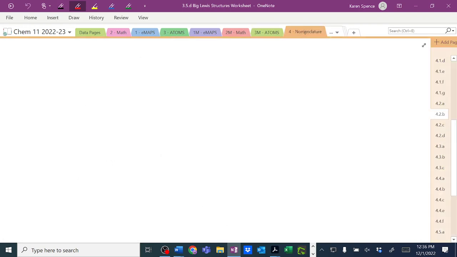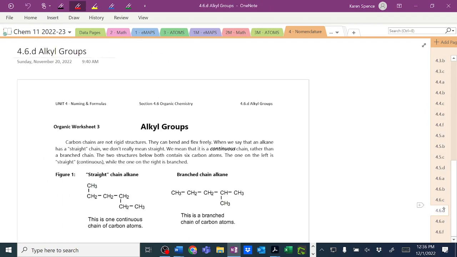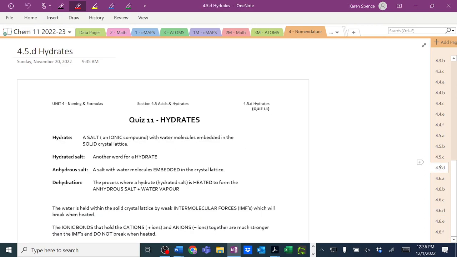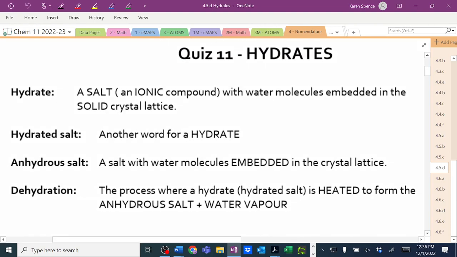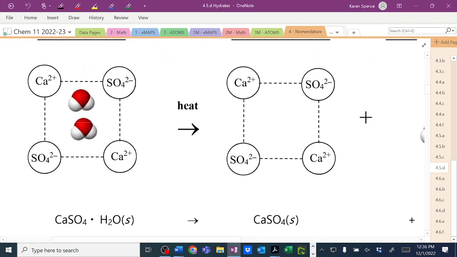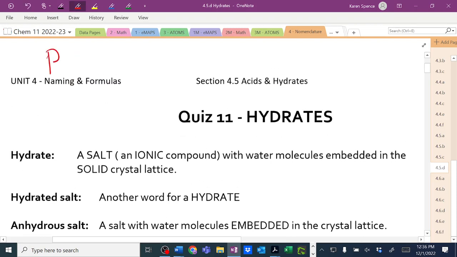Chem 11, nomenclature, there we are, okay. This is page 87. All right, page 87.